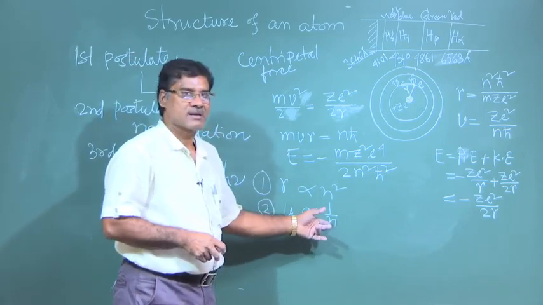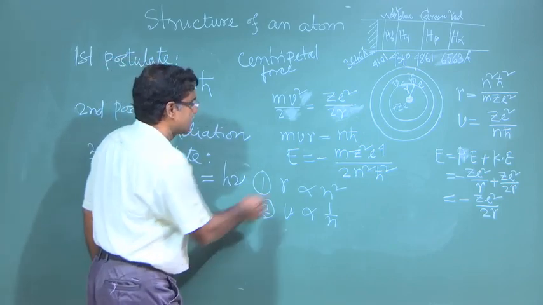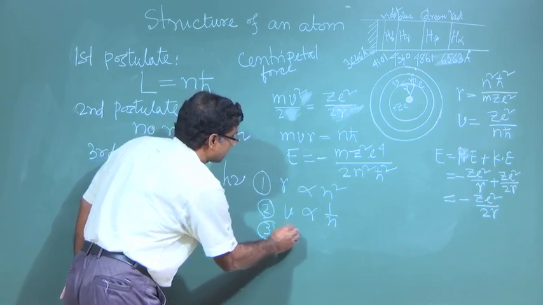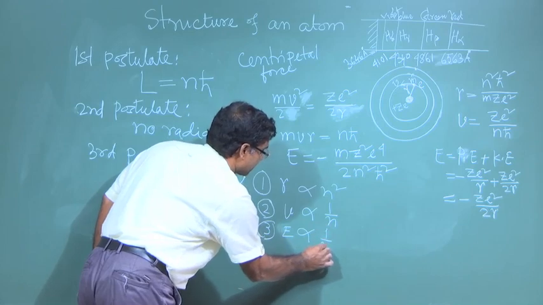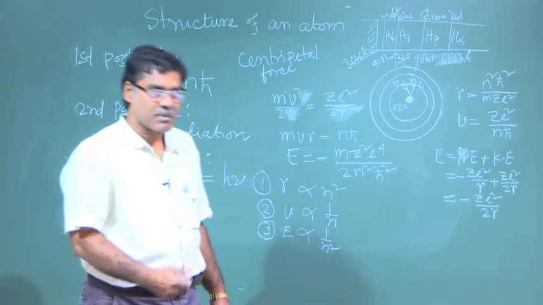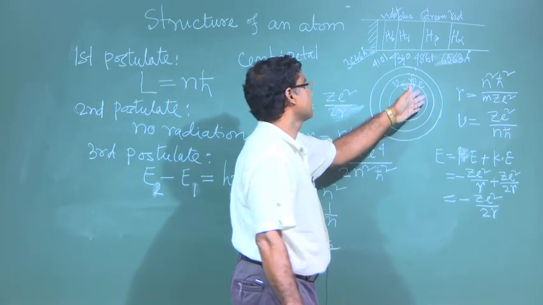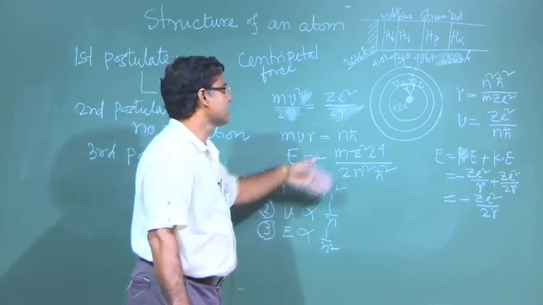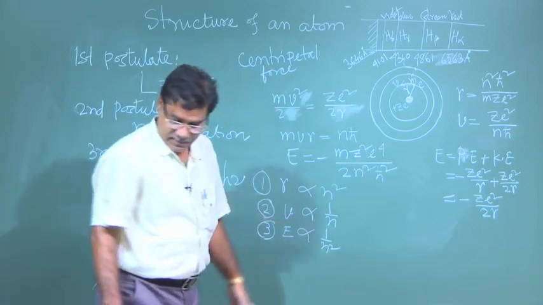So, it is inversely proportional. Third, energy also is proportional to 1 by n square, and its minus sign is there. Okay. So, in principle, if you know the radius, velocity, energy of the first orbit, in terms of that you can express the energy, velocity, radius of the other orbits. Okay.